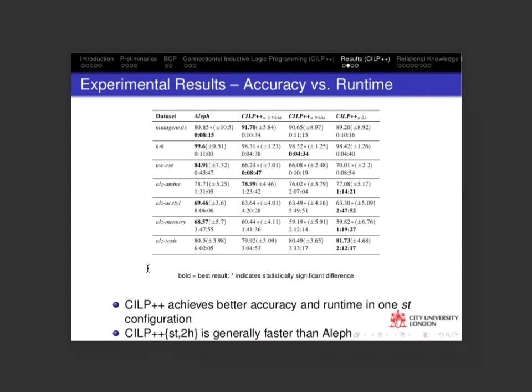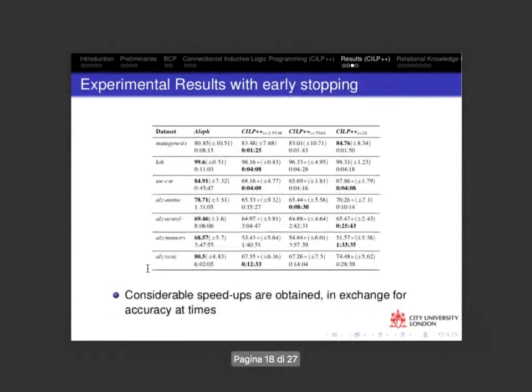And there you have accuracies, statistically significant differences, and time taken by Aleph compared to the different network configurations on these standard ILP tasks: Alzheimer's, UWCSE, KRK, and the ubiquitous mutagenesis datasets. Here we have results with early stopping, and that's really when we see the speed ups.